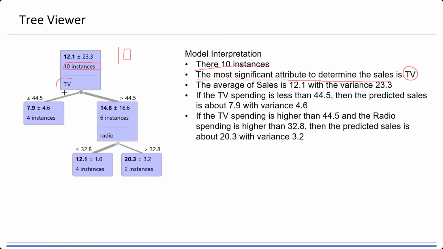This is the most important attribute to determine the sales. The average of sales is 12.1, with the variance 23.3, so plus minus 23.3. It means there is some data which is higher than 12, and some data which is lower than 12.